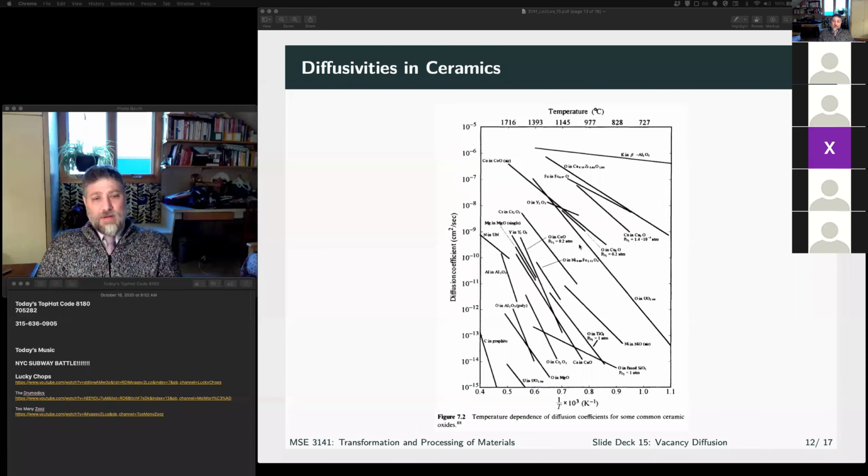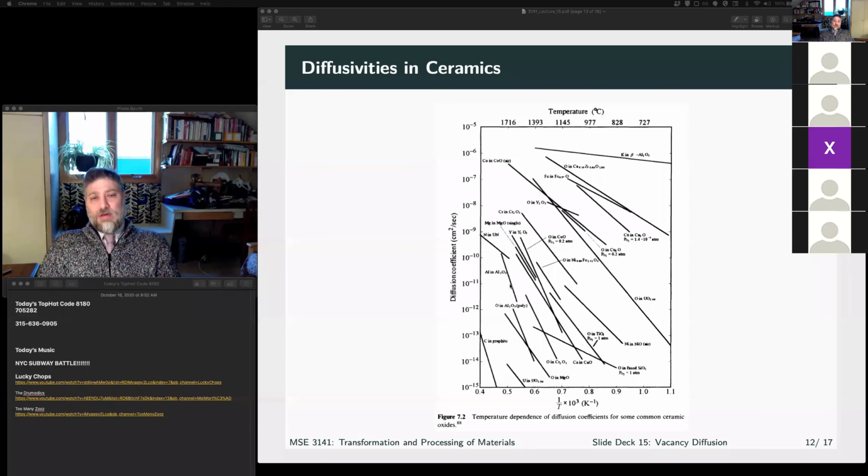Yeah. So basically the ones with the steeper slopes will diffuse faster? So the ones with the steeper slopes have a much stronger temperature dependence, right? So that means you don't need to increase the temperature as much to increase the diffusion rate. That's kind of meant, like if you have a material and you're heating it up, the faster ones will have. Yep. Right.